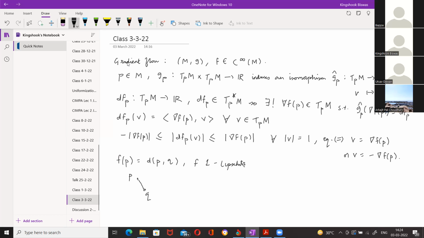So by passing to a limit, this implies that the norm of grad F is less than or equal to 1 everywhere, right? Is this clear?